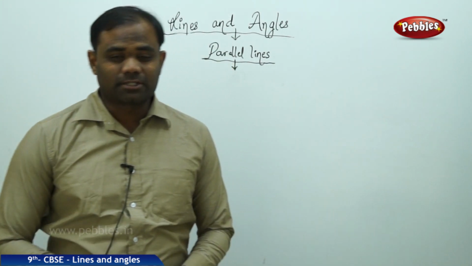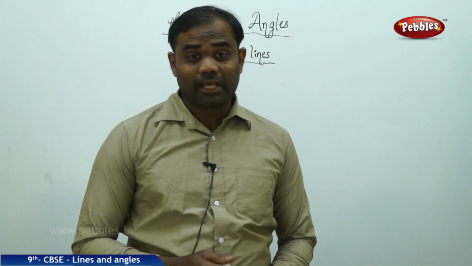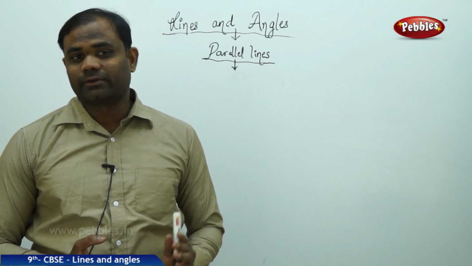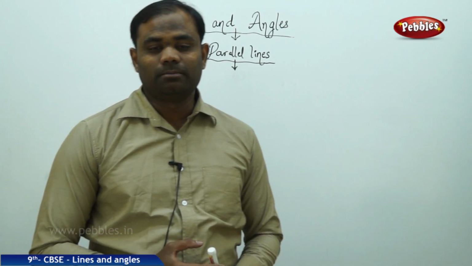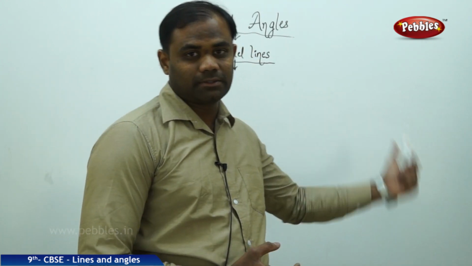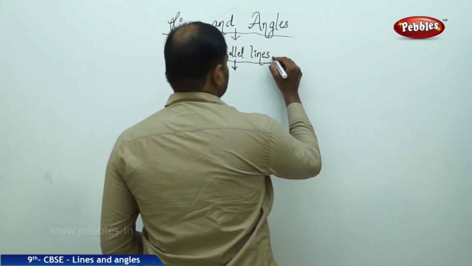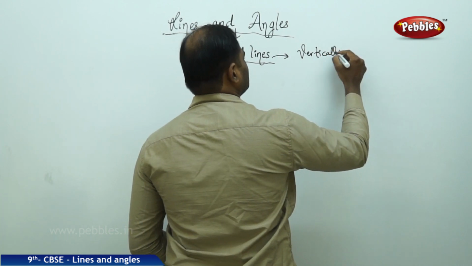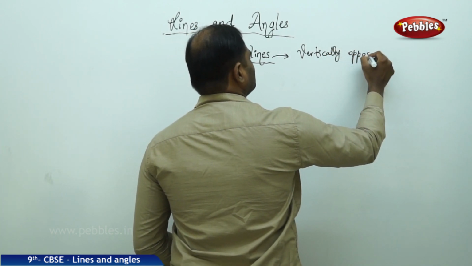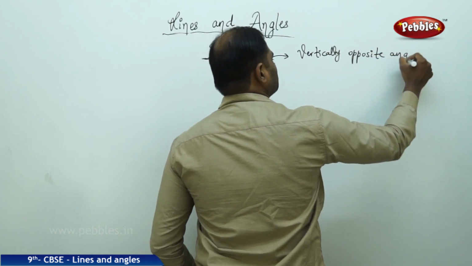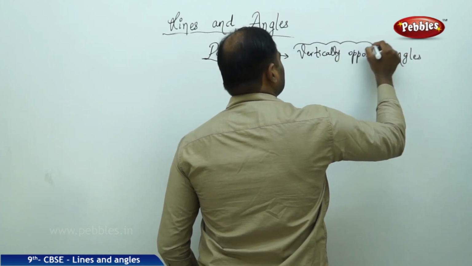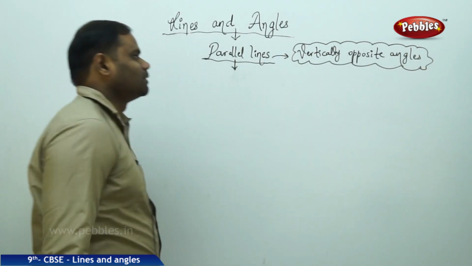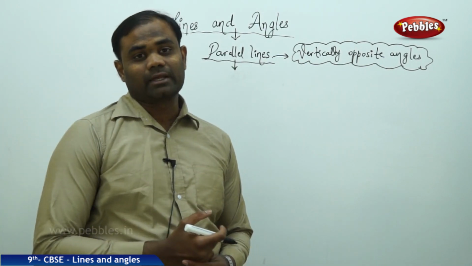Now next is the discussion of vertically opposite angles when two lines L1 and L2 are parallel cut by the transversal. Vertically opposite angles in a pair of parallel lines. Let's see what are vertically opposite angles.